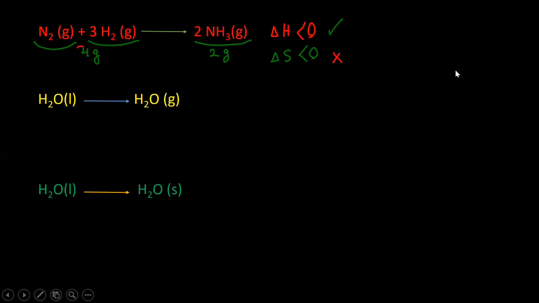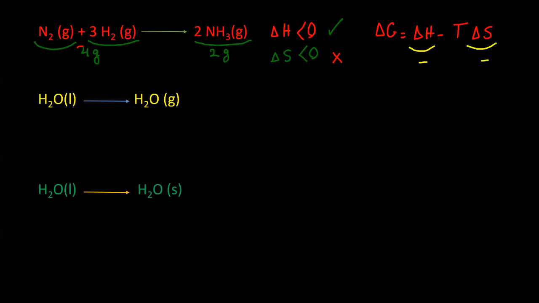So, okay, as you can see, delta H is in favor of reaction, but delta S is not. So I write the equation for delta G again. And we know for a reaction to be spontaneous, delta G should be smaller than 0. As you can see, delta H here is negative, and delta S also is negative.